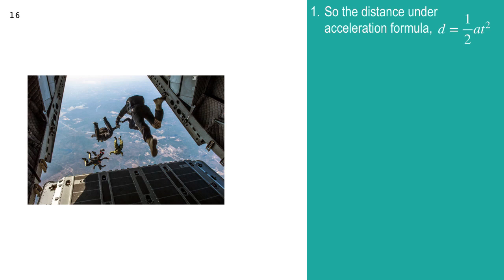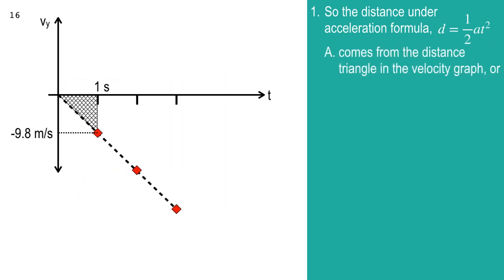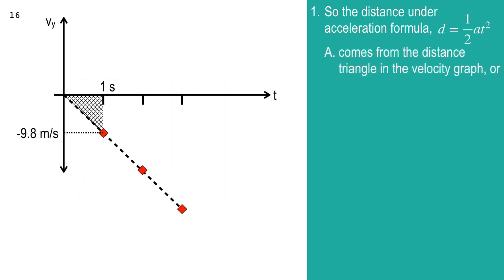Distance under acceleration formula is 1/2 at squared. You can think of it in terms of the velocity graph as constantly accelerating down the slope. She's getting faster and faster as she goes down. So that would be a triangle on a velocity graph of some kind. We did that, like this one here, for a free fall velocity triangle.